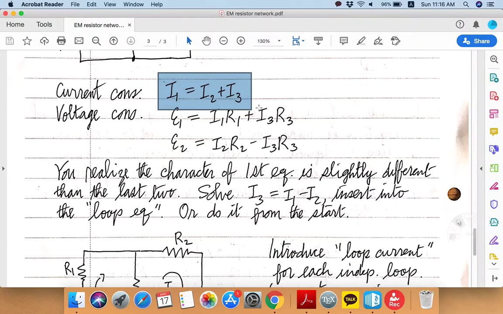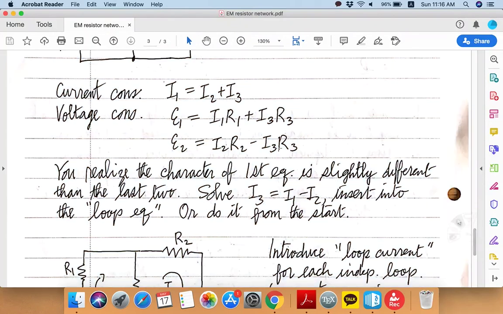This is just about the sum of current being equal to the sum of other current. So the only variables that show up here are the current. That makes it much easier for us to solve these kind of current conservation problems first.